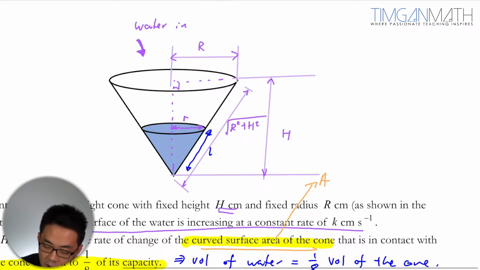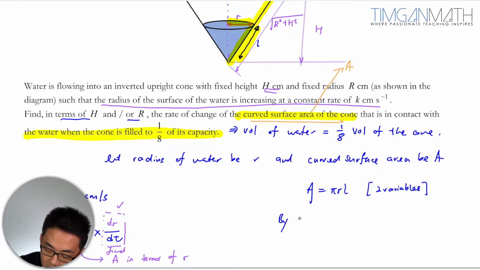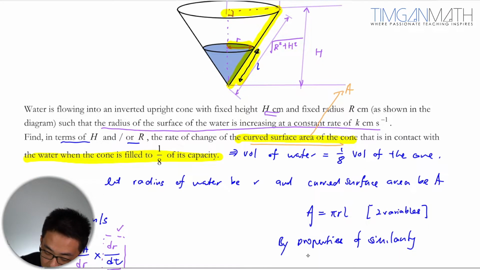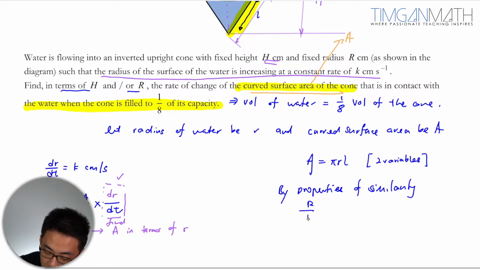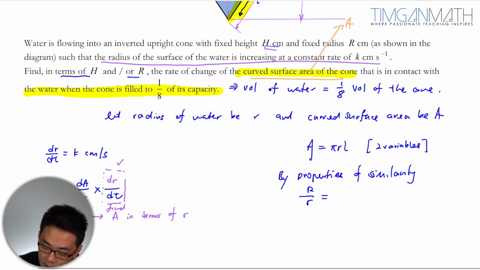So using similar triangles, by properties of similarity, we know that big R over small r corresponds to the slant height, square root of r squared plus h squared, over l.